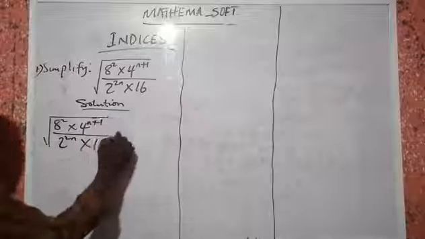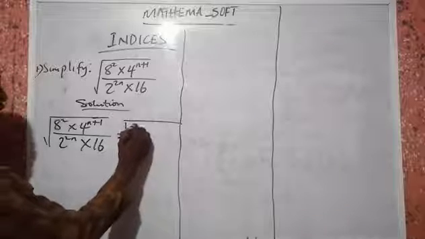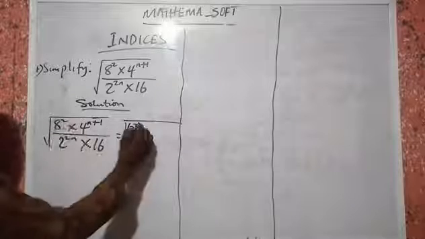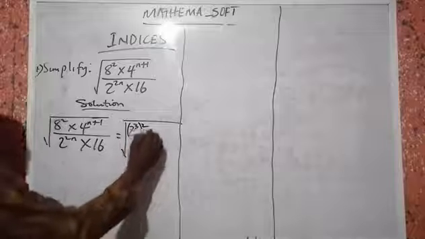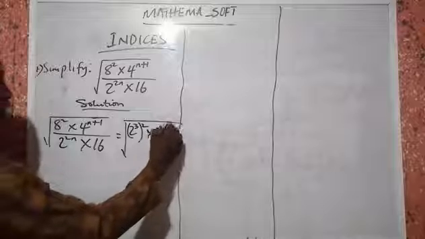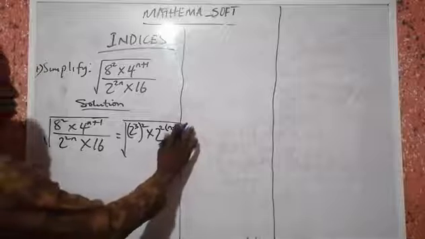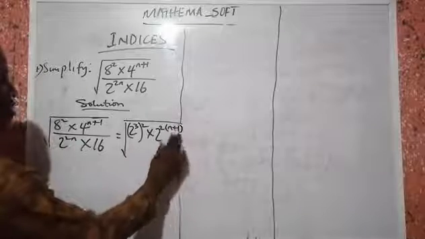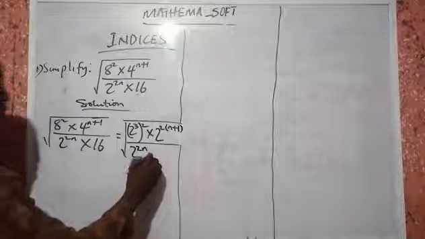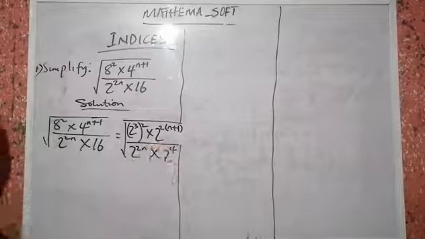And then I can transform this. 8 can be written as 2 raised to the power 3, bracket this, with the square, multiplied by 4 written as 2 raised to the power 2, bracket n plus 1, that is already the power, and then all over 2 raised to the power 2n times 2 raised to the power 4. 16 is 2 raised to the power 4.